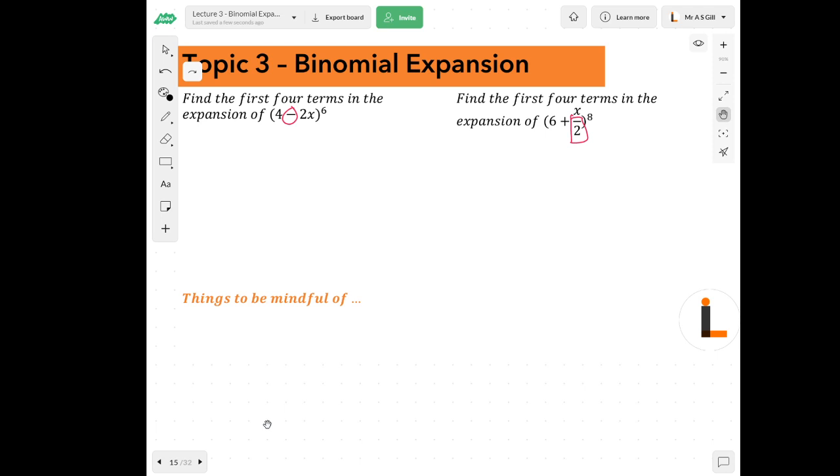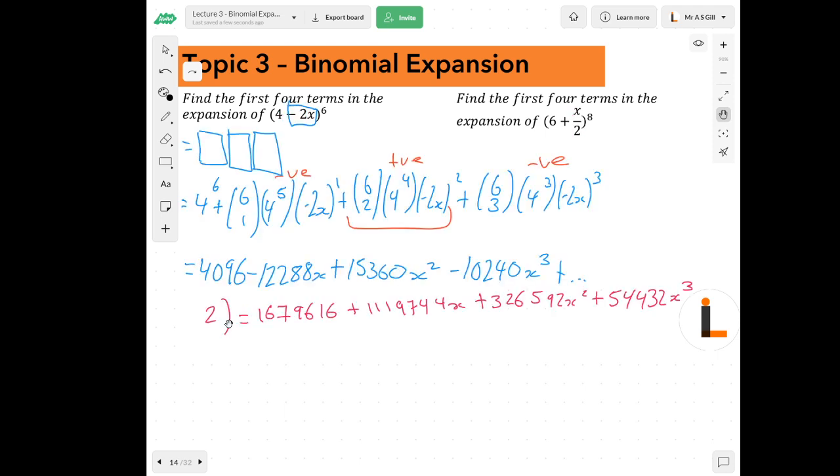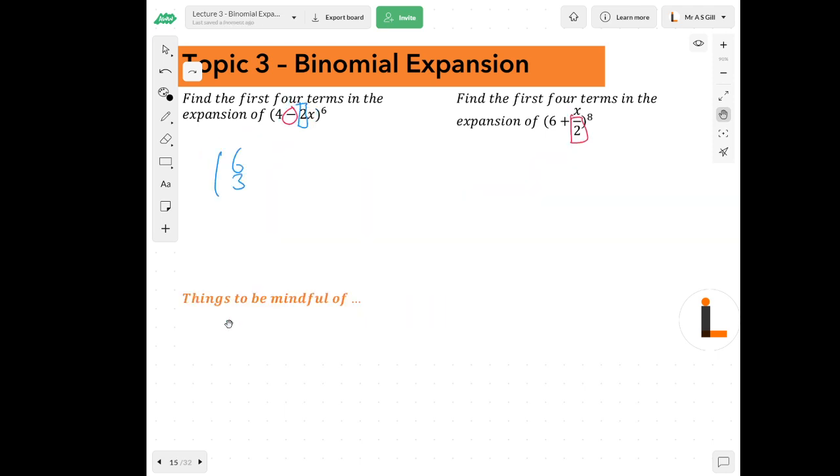What people do is when they expand, so for example, if we go back and take the final term in this expansion, we had 6 choose 3, 4 to the 3, and then minus 2x also to the 3. What they forget to do is take the power and apply it to the coefficient of x. This is a really, really common mistake.